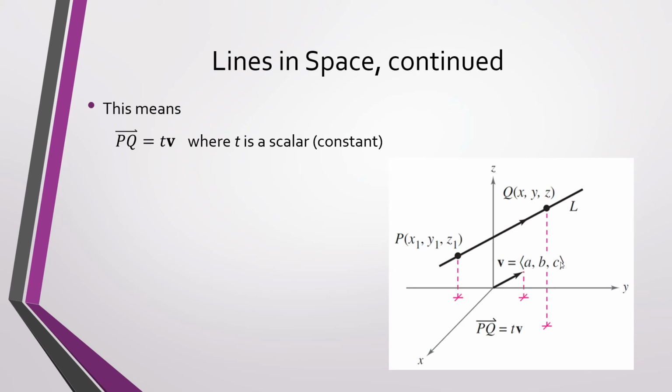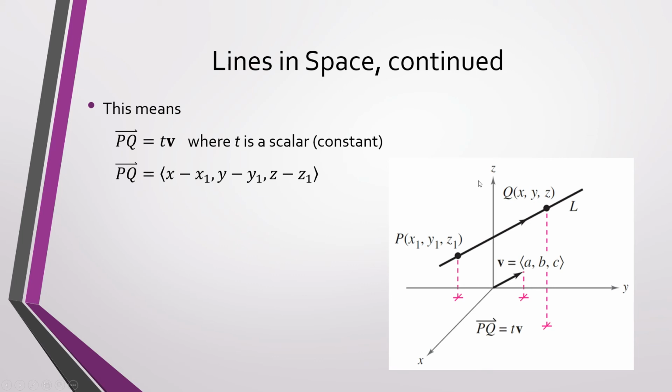Continuing with that, if vector PQ is parallel to v, then there is a scalar, a constant, that we can multiply vector v by in order to get vector PQ. To find our component form for vector PQ, we would subtract our terminal minus our initial coordinates for x, y, and z.